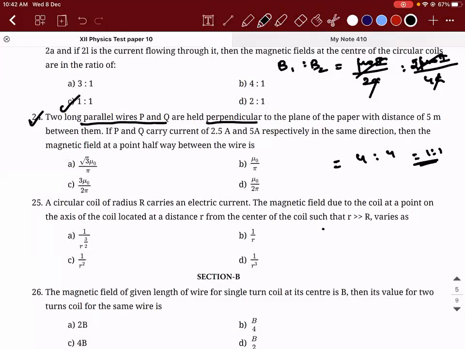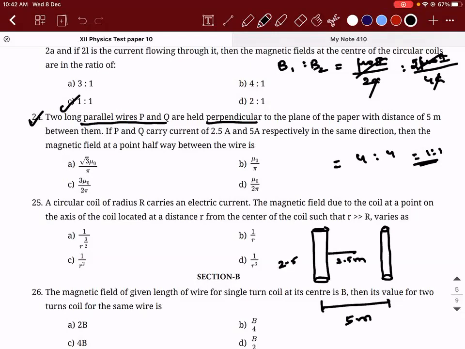They are held perpendicular to the plane of the paper. Let me say this is the Z axis I'm trying to talk about. With a distance of 5 meters between them. At a point midway, this is 2.5 meters. I'm interested to calculate the magnetic field at the midpoint.